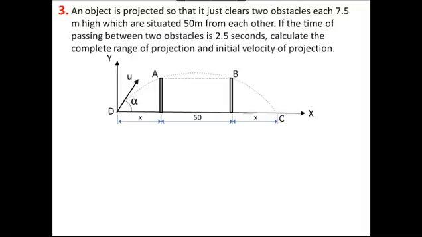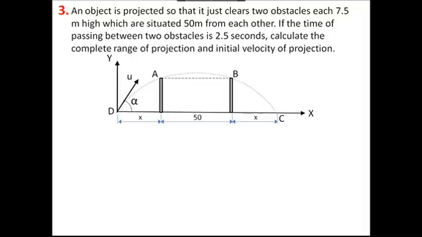You don't know alpha. All you know is A and B are on the projectile path, and the horizontal distance between A and B is 50 meters.